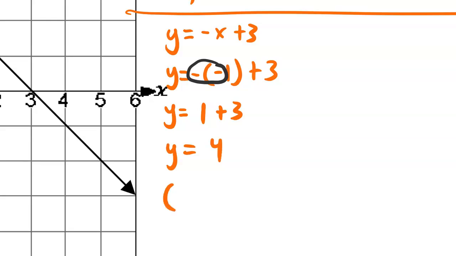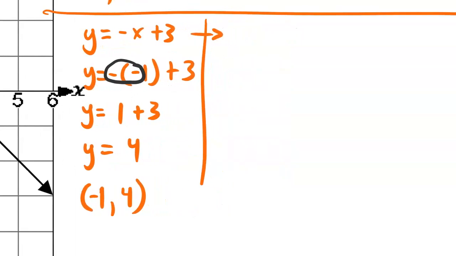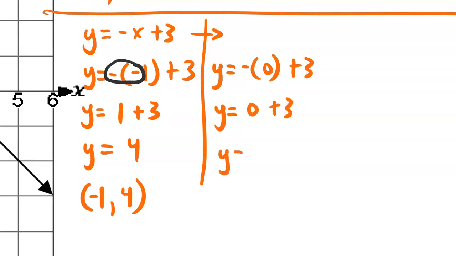So when x was -1, y was 4. Continue this on. This time though, we're putting in a value of 0. Y equals negative times 0 is still 0, plus 3. Y equals 3. So when x was 0, y was 3.